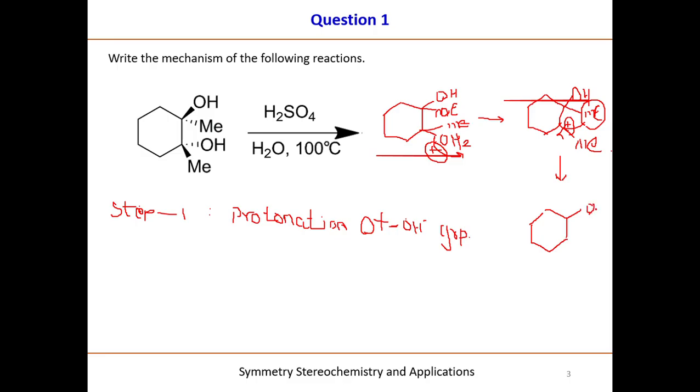This OH group is here and the methyl group has migrated, so the positive charge comes on this carbon atom. Here we have two methyl groups. Now after formation of this carbocation, the next step will be the deprotonation step.